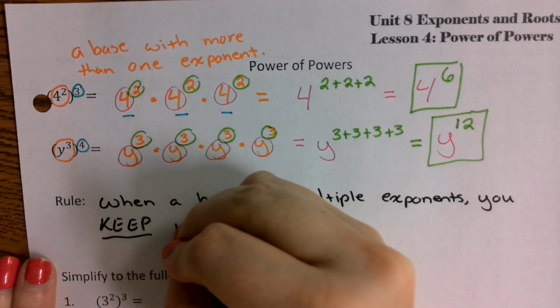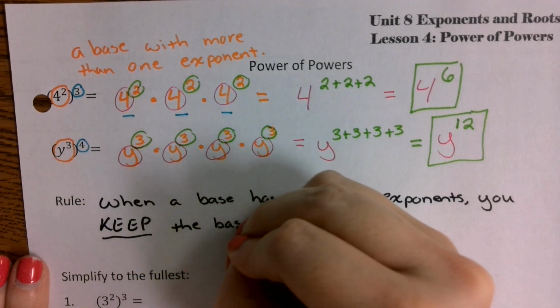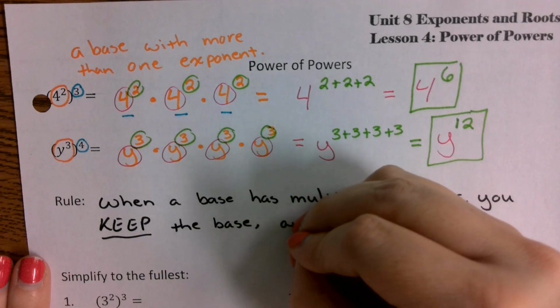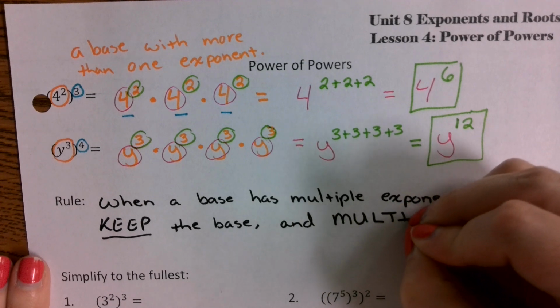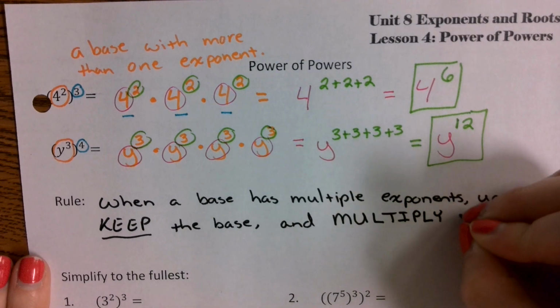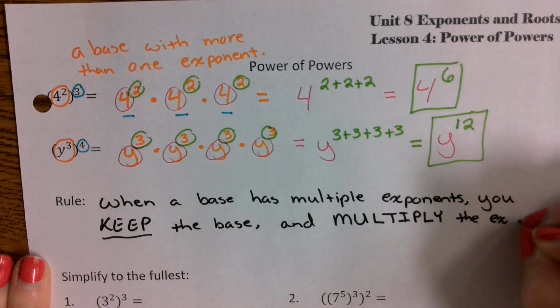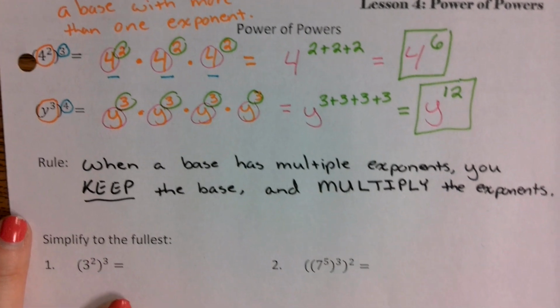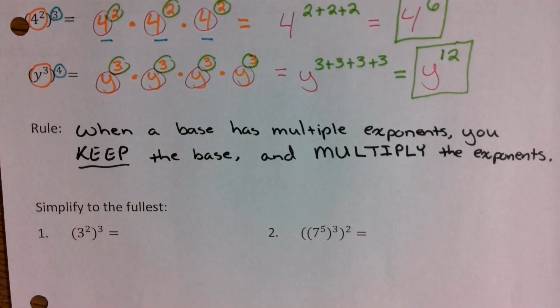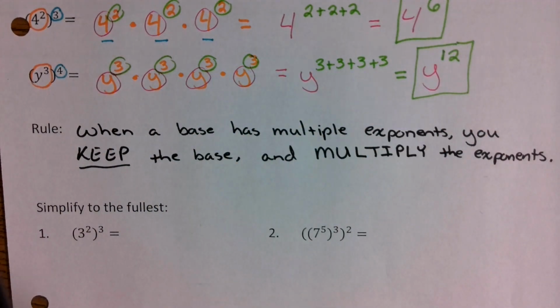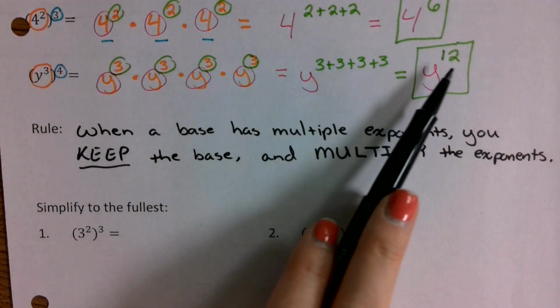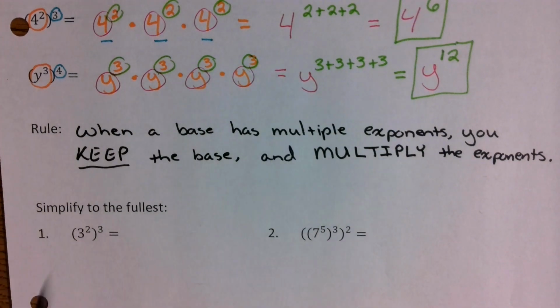We keep the base and multiply the exponents. We're keeping the base and then we're multiplying the exponents. So 2 times 3 gave us that 6. When we did 3 times 4, it gives us the 12. The base did not change. The base stayed exactly as it was.